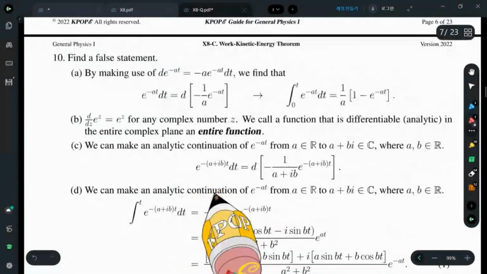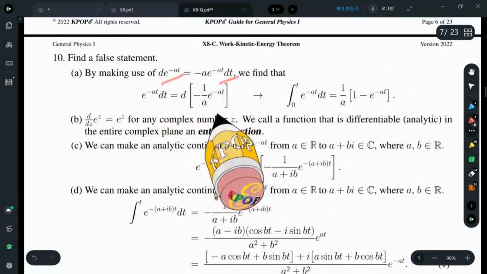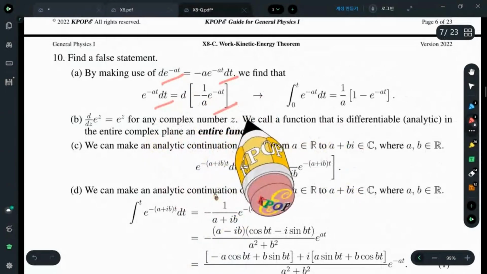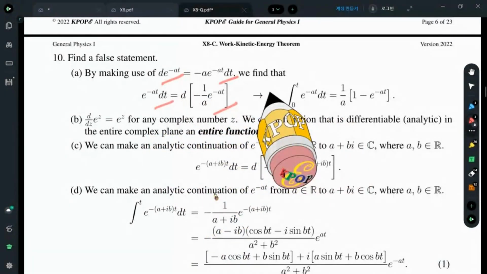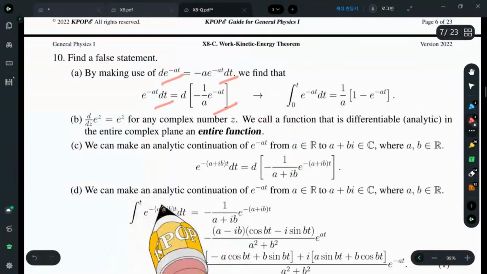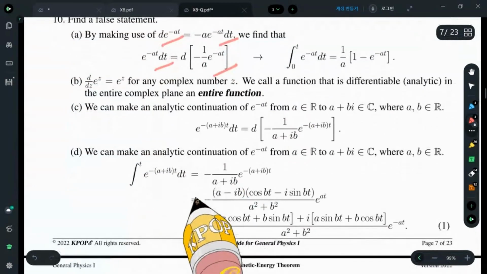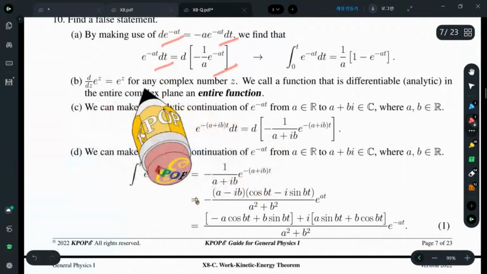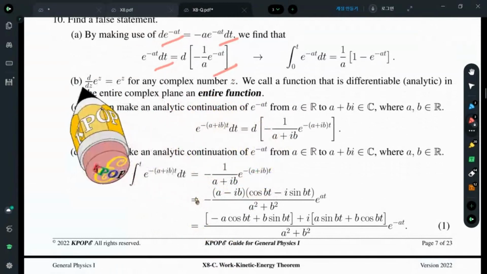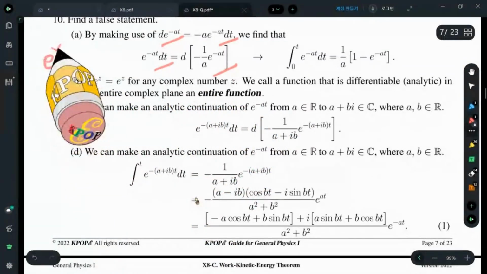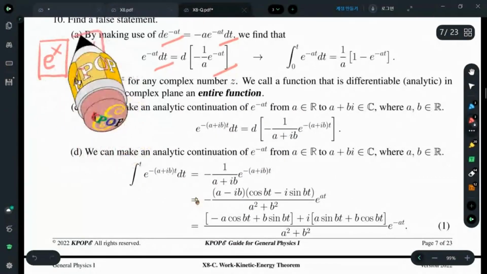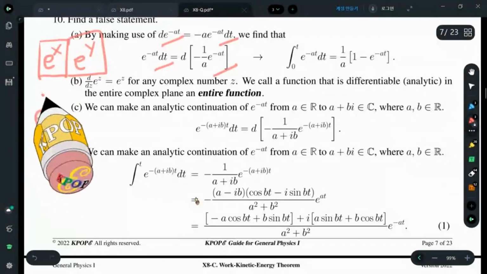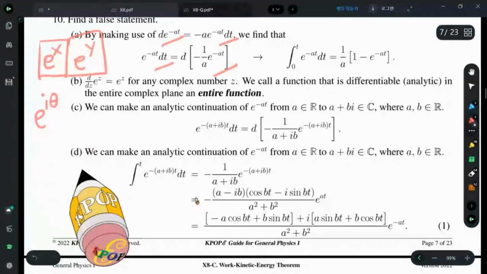Number 10. This is just a straightforward calculation, but you should be familiar with this kind of exponential, sine, cosine, taking the derivative or evaluating the integral. Let me introduce a little bit unfamiliar one, but we are now well acquainted with e to the x, e to the y, or sometimes we have introduced e to the i theta.